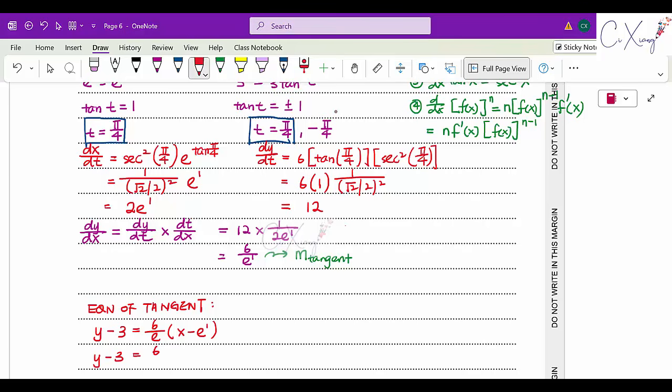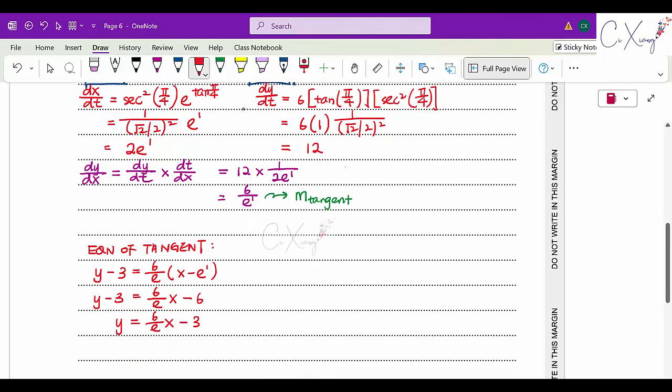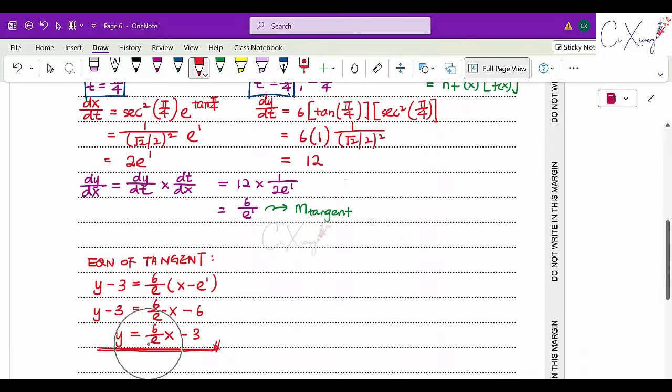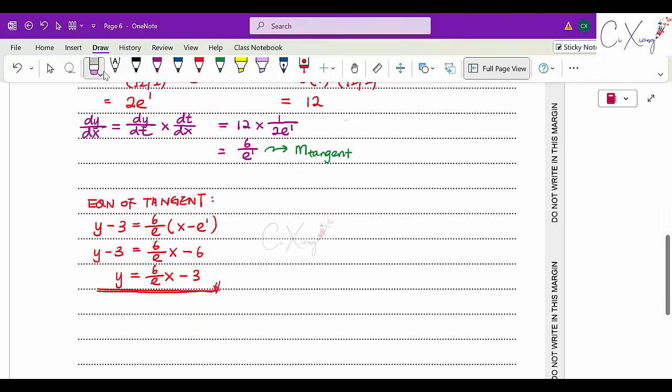So you'll be having 6 over e times x, then minus 6, and simplify it, you'll be having 6 over e times x, then minus 3. You should keep your answer in the exact form. 6 over e is the exact form. Don't change it to a decimal number, because they are telling us that m and c are exact values. So this is what is called an exact value.